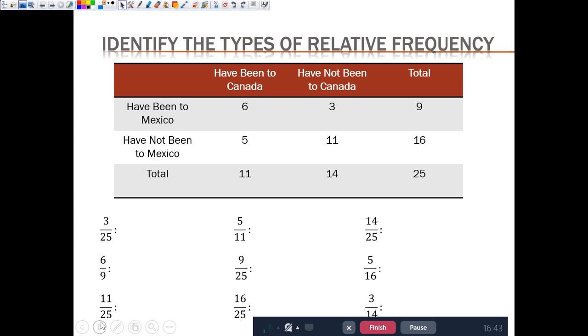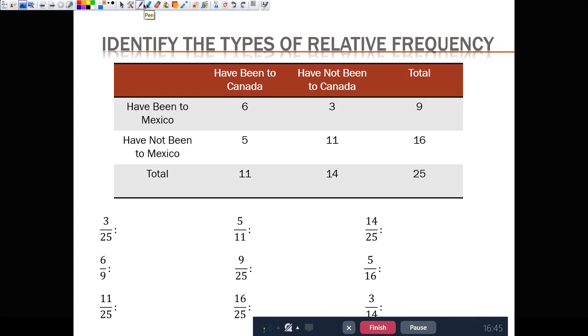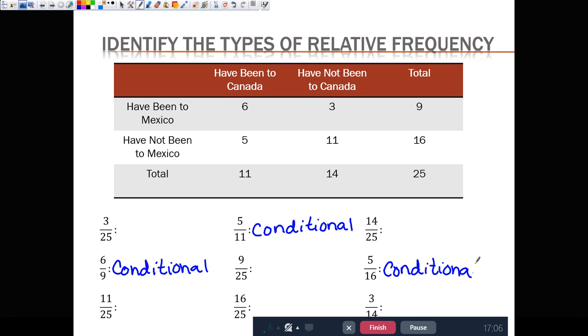So this one doesn't have 25 at our bottom, so it has to be conditional. This one does not, so conditional. This one does not, so it has to be conditional. Not 25, so this one has to be conditional.